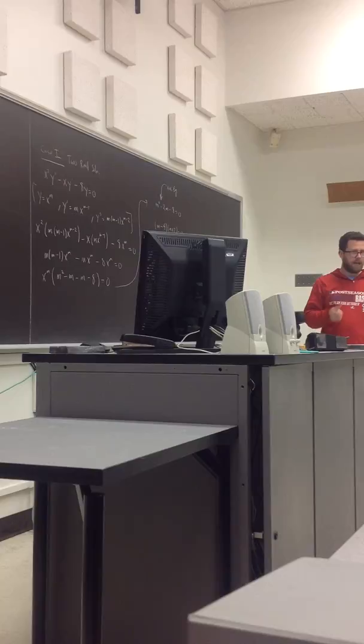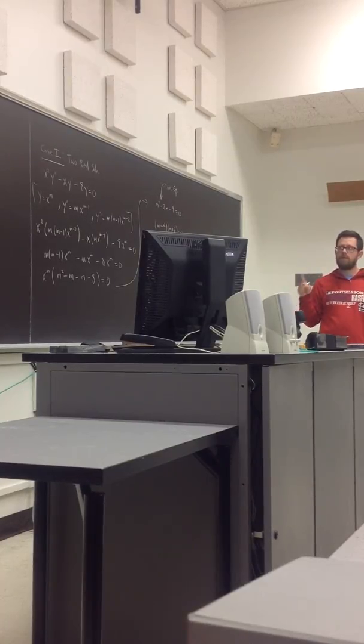It's pretty easy to check with two functions. How do you check if two functions are linearly independent? If they're not multiples of each other, then they're independent. Clearly here, they're not multiples of each other. So we have two linearly independent solutions to a second order homogeneous equation.